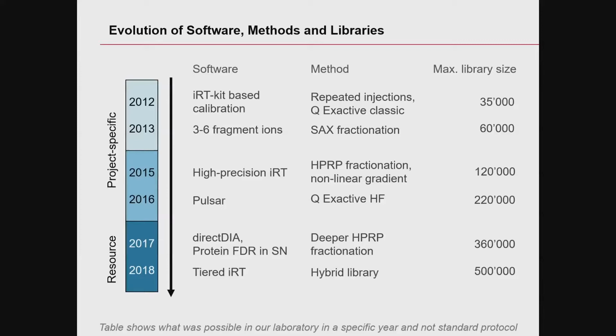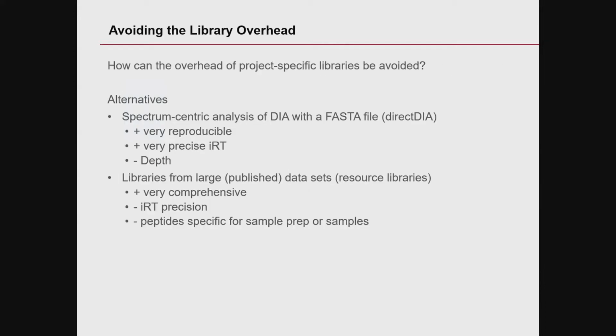And we also, at the same time, developed our own way of the spectrum-centric way of analyzing DIA data, which we call DirectIA. And now in the end, so this is what I'm showing today, is this concept of tiered iRT and what we call hybrid libraries. And these are then really quite large libraries. And we can see now that these actually start to work pretty well.